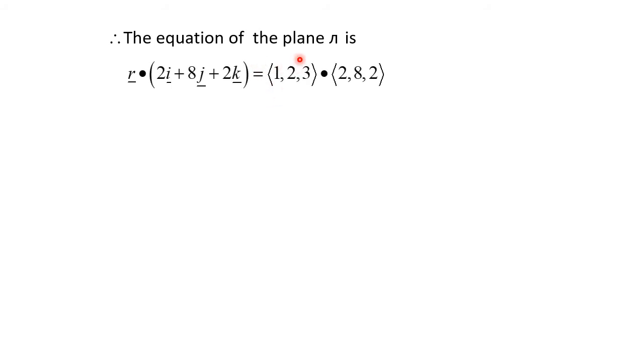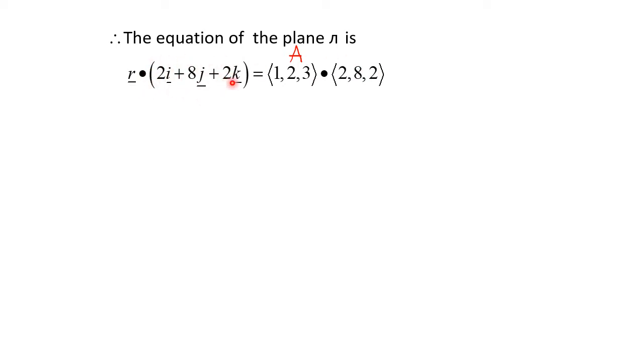So we have two points. Remember, we have point A and point B. Here we choose point A. Usually we choose the first point, that is point A. So point A, we dot product with the n here, and on the left hand side r dot n.